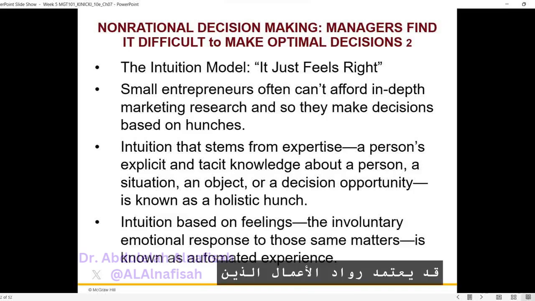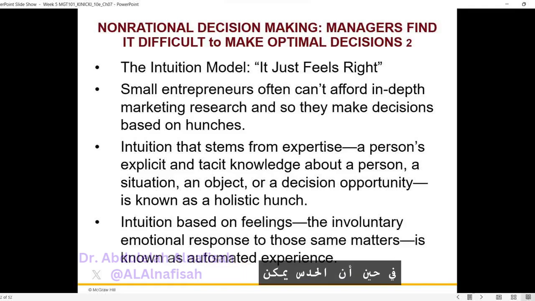Small entrepreneurs who face resource constraints may rely on their subconscious, visceral feelings or hunches to make decisions. This intuitive approach allows them to make quick decisions based on their expertise and emotional responses.